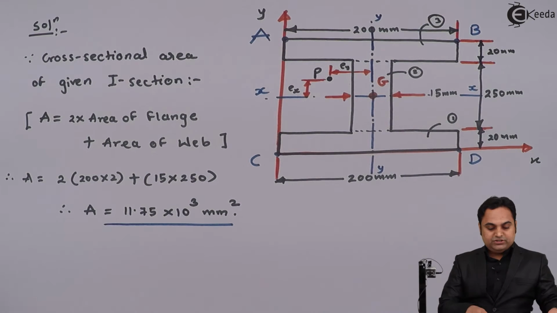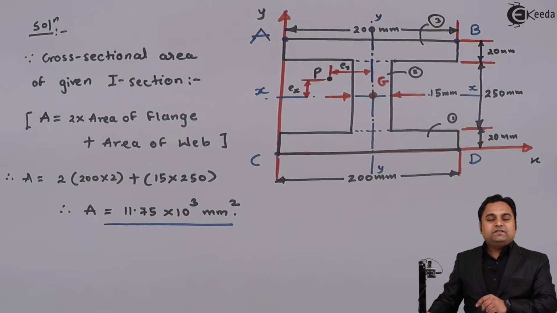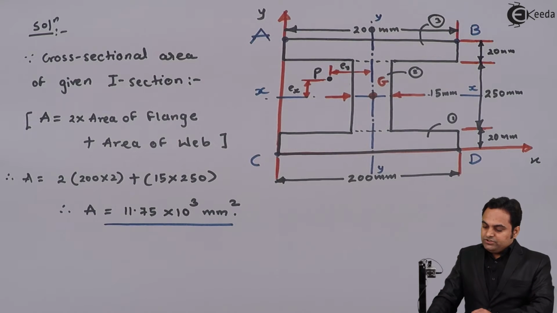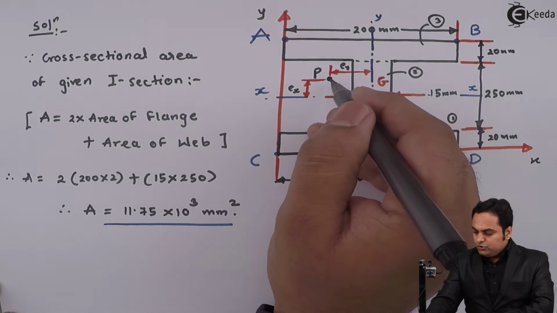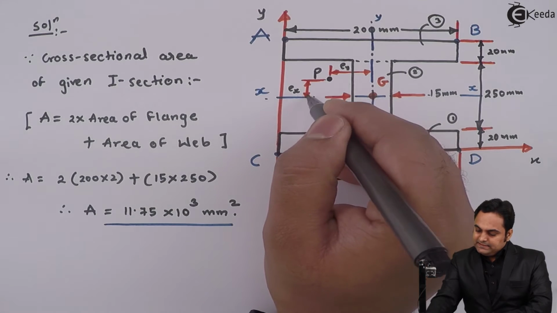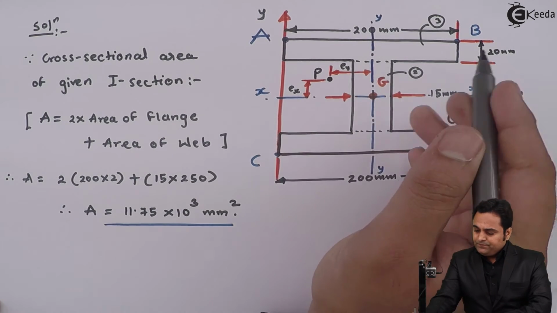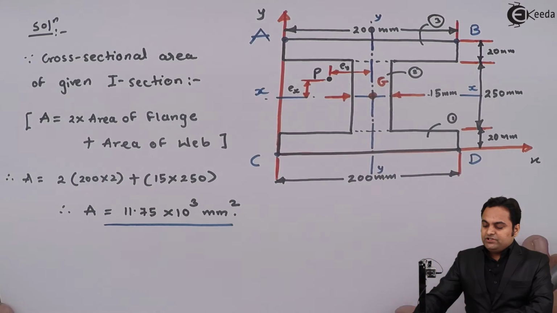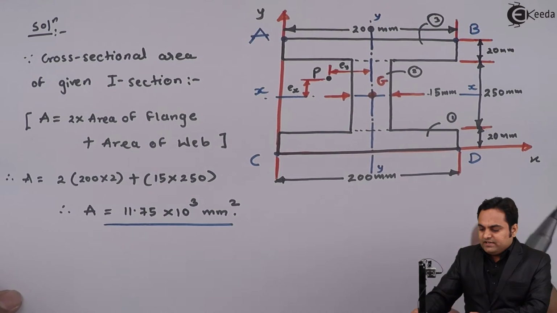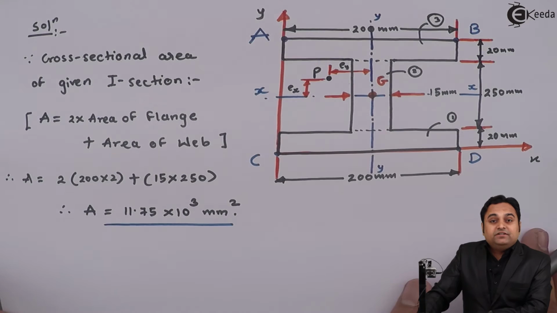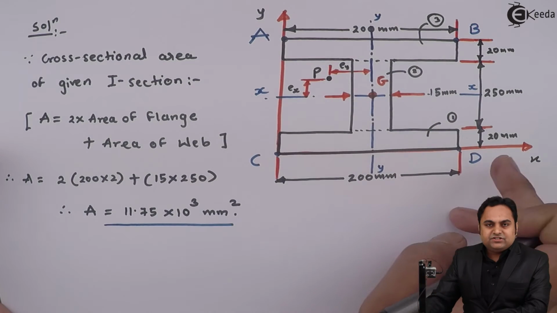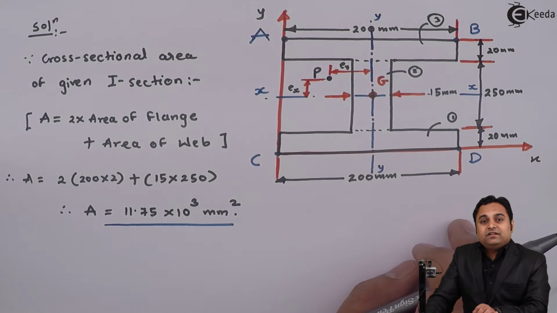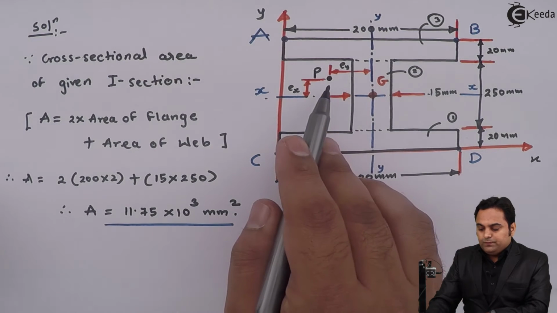So after getting the cross section area, the next thing is, since as we see in the problem, the load is located at distance Ex with respect to x-axis, at distance Ey with respect to y-axis. So this kind of load is called an eccentric load, and because of this eccentric load, in this I section there will be direct stress because of the load present here.